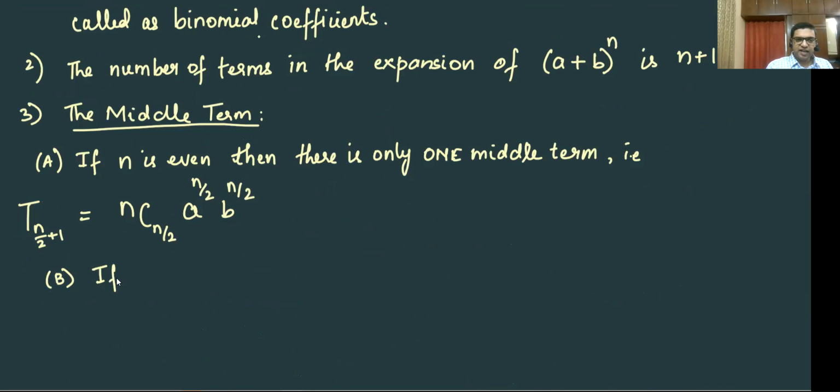Now, if n is odd, then there are two middle terms because the total number of terms will be even.